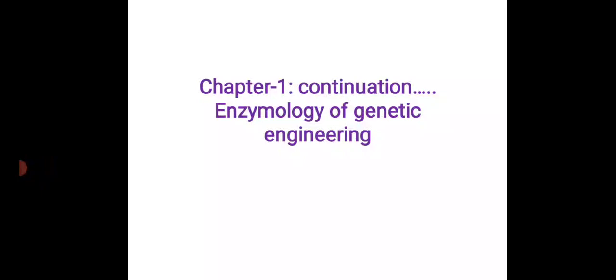So these are the five enzymes that are mostly and popularly used in DNA technology, or recombinant DNA technology.